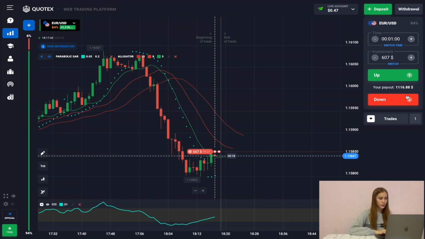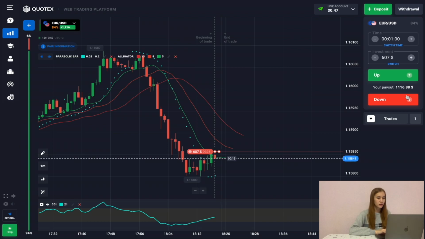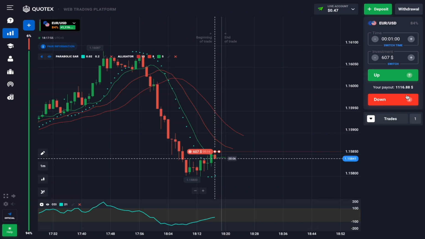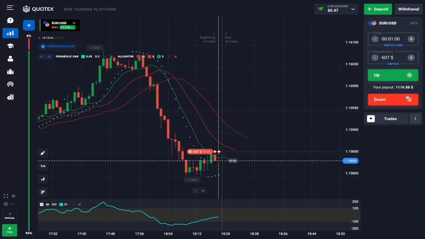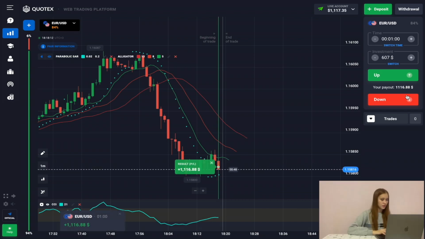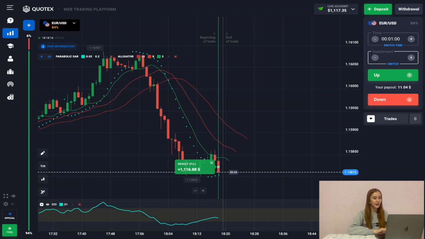So we are now expecting the successful closure of our deal on this time frame. So we successfully close our trade again, and let's move on.